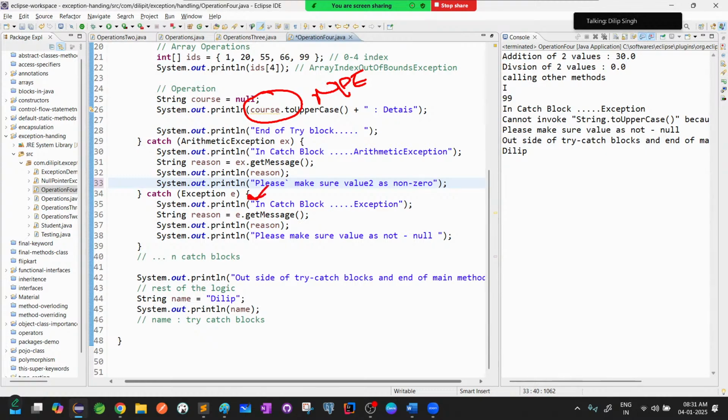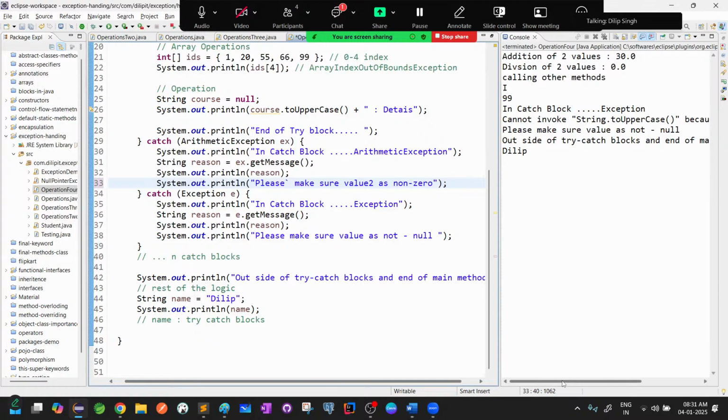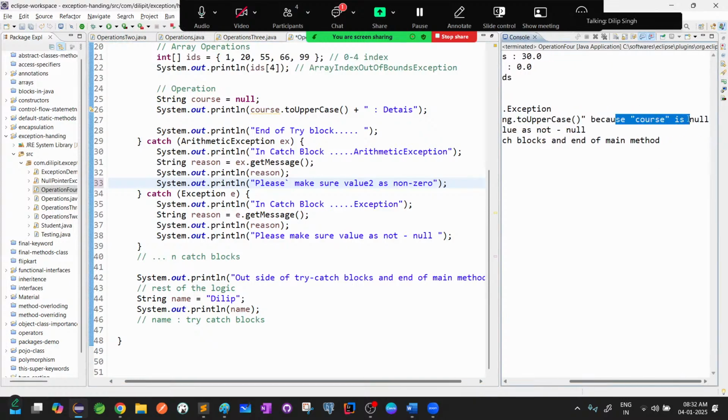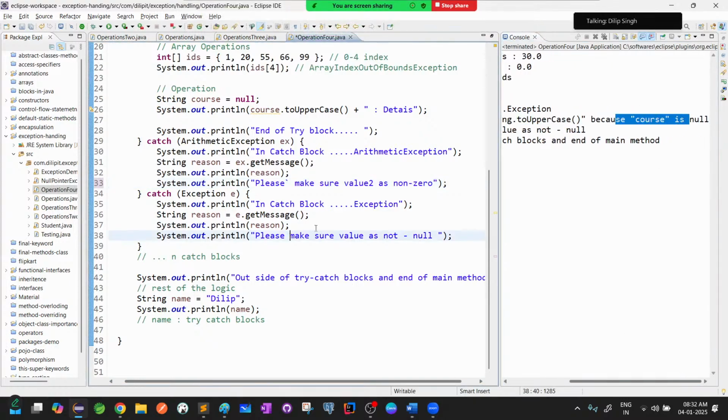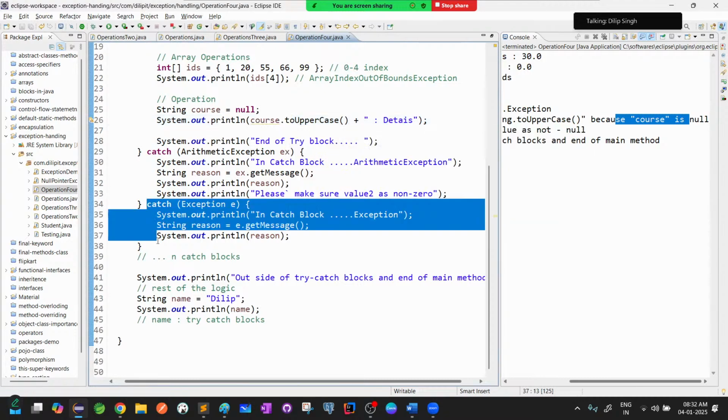If you observe here, the message, make sure value is not null, something like that. Whatever it is, you got a very clear message here. Because course is null, that's why you got null pointer exception, right? So how is it executed, when there is no null pointer exception catch block?